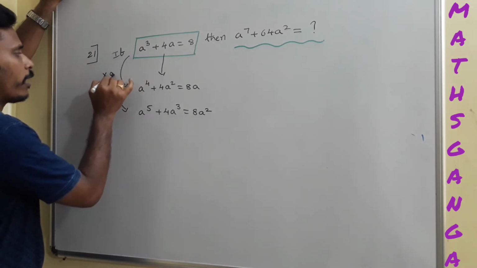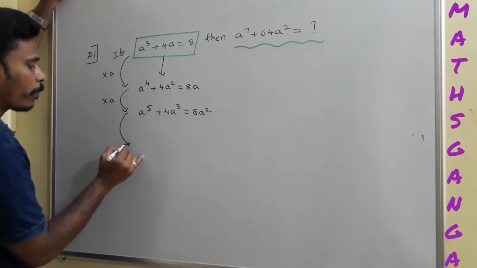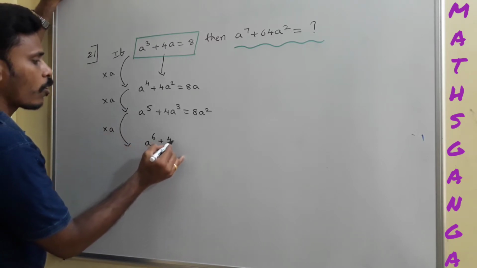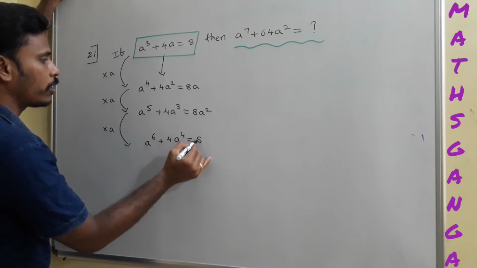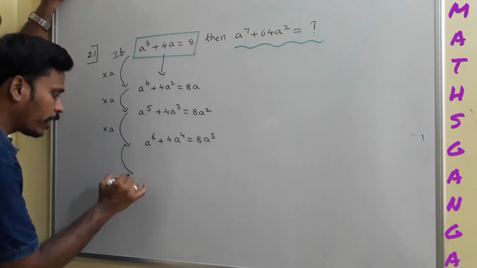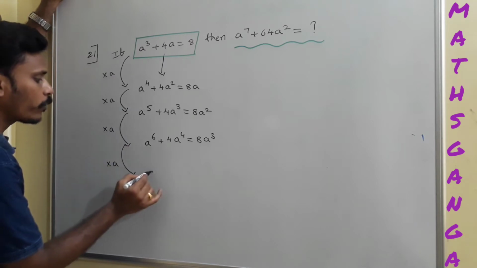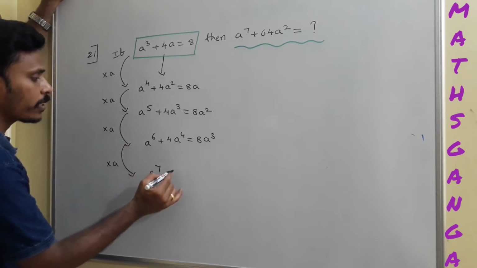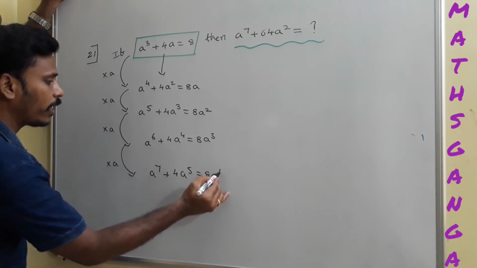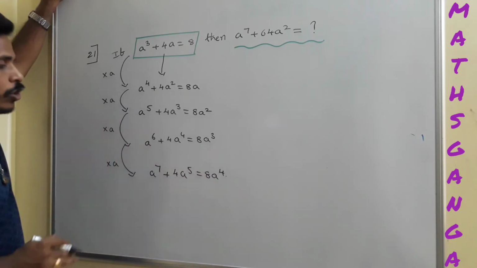Again multiply with a: a power 6 plus 4a power 4 is equal to 8a cube. Is it clear? And again multiply with a, and now we have a power 7 plus 4a power 5 is equal to 8a power 4. Now that's enough, you just stop here.